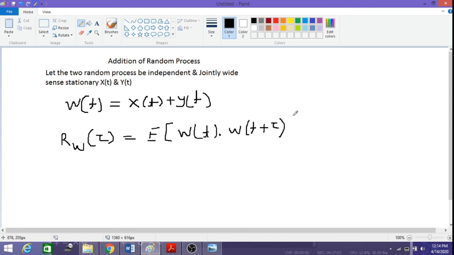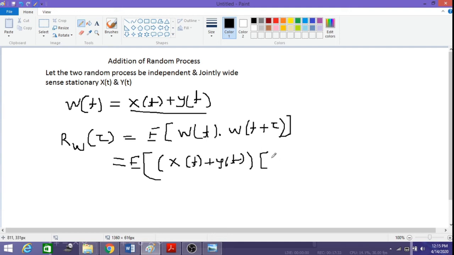It means we are taking the expectation of the process with its version shifted by time tau. Now I will substitute W of t and W of t plus tau with X of t plus Y of t, so here I will get X of t plus Y of t.